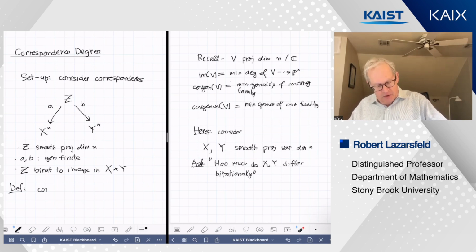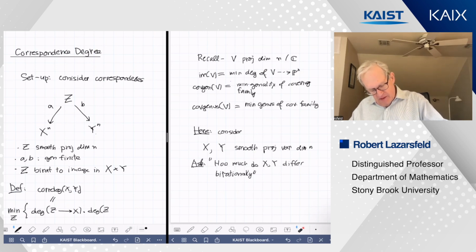I'm going to define the correspondence degree between X and Y by taking the minimum over all these correspondences Z of the product of the degree of the map Z over X times the degree of the map Z over Y.